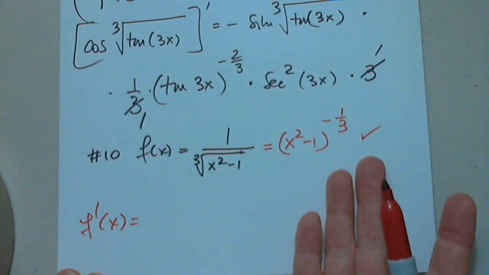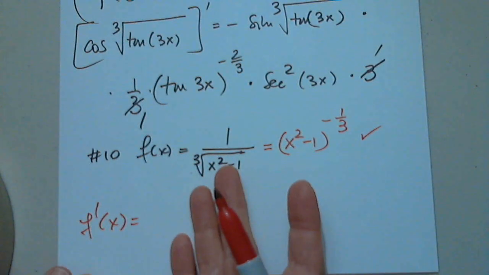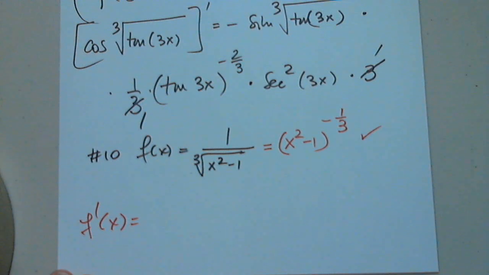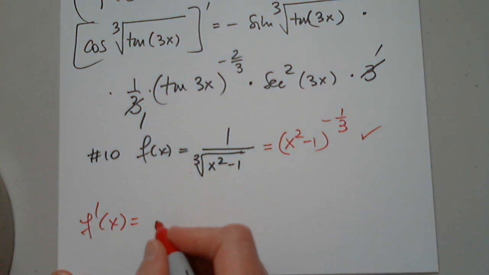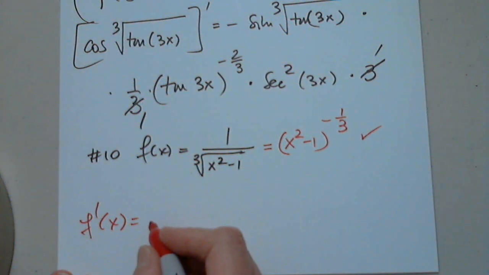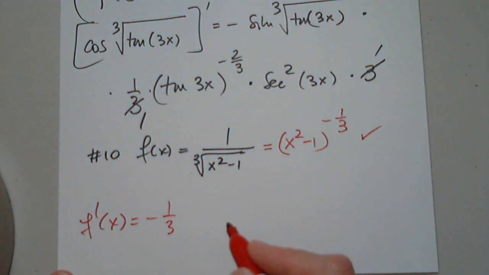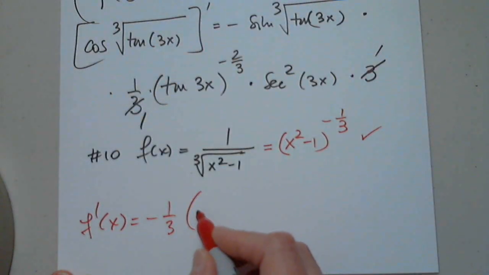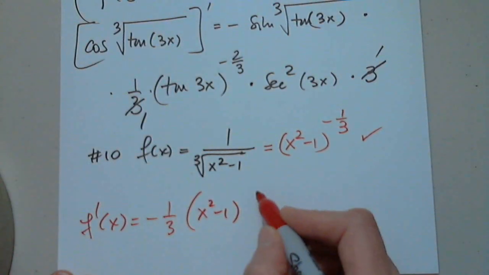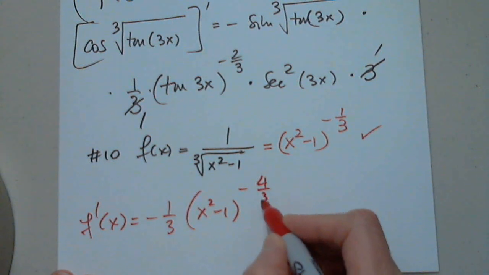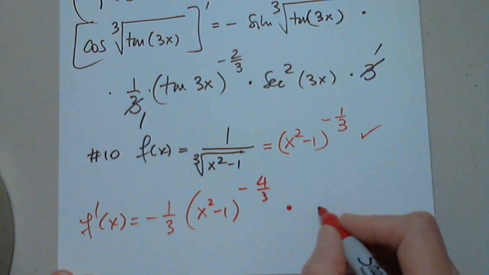Now it's just a blink. Negative 1/3 times parentheses x squared minus 1 to the power of negative 4/3, times 2x.